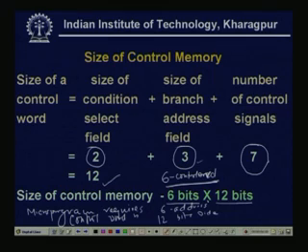So, the memory size will be 6 by 12 bits. You can write this as 72 bits. So, this way the size of memory can be calculated.